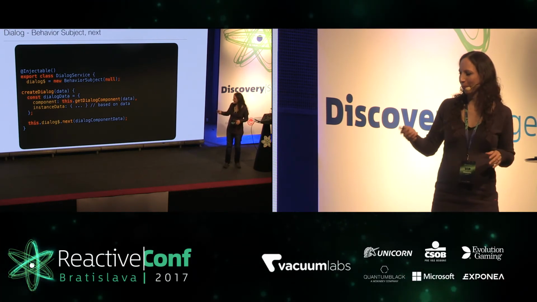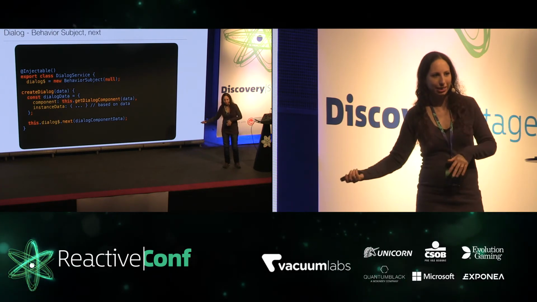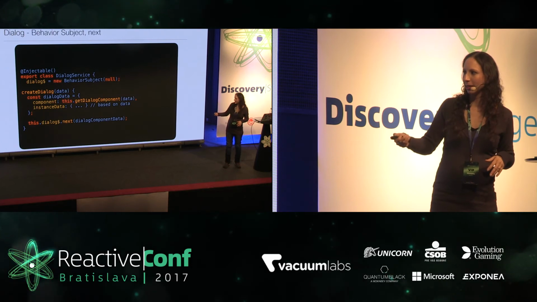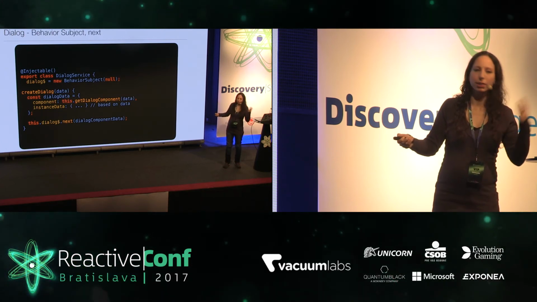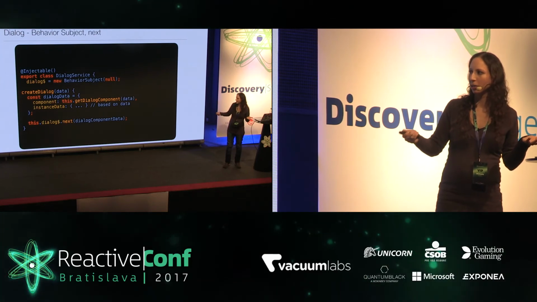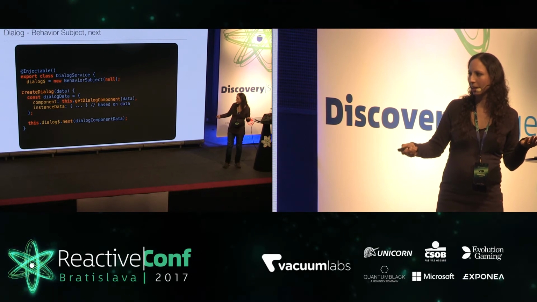I don't show the callback for this event that comes from this library, but the callback is create dialog, and then you can pass in the data that you need.